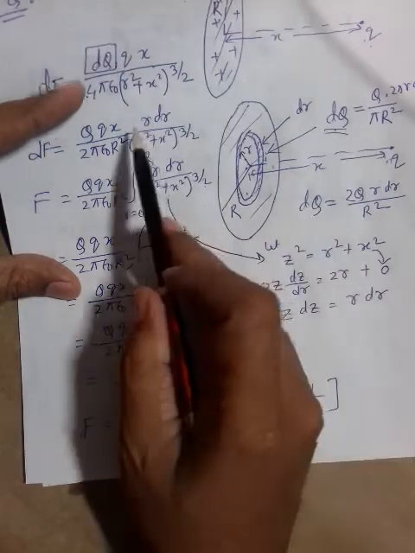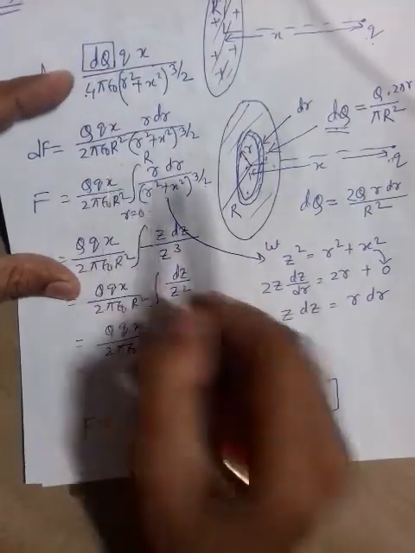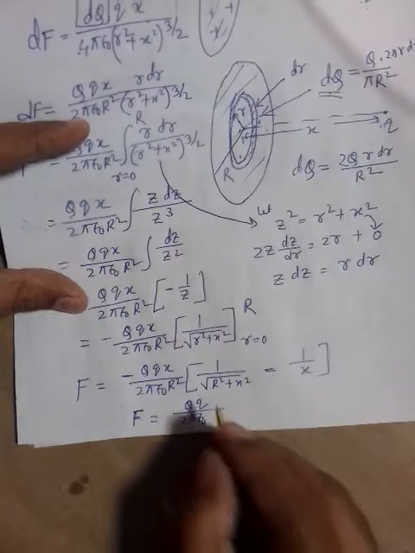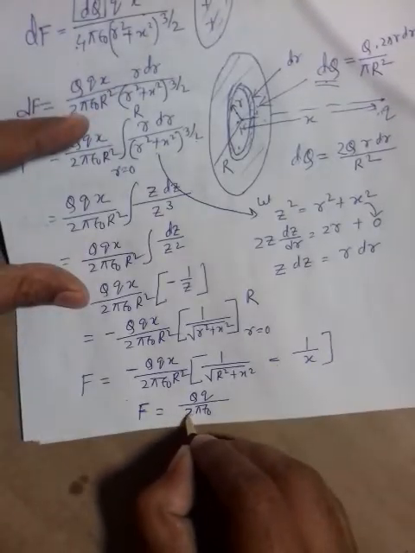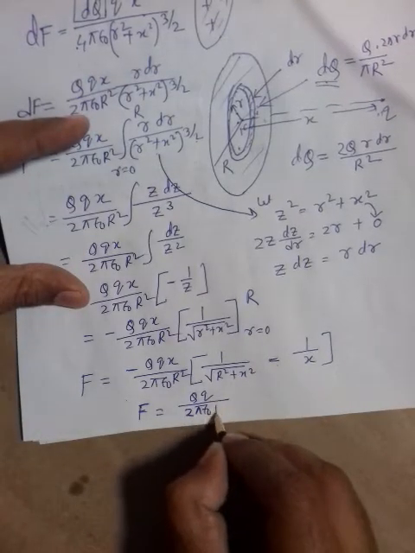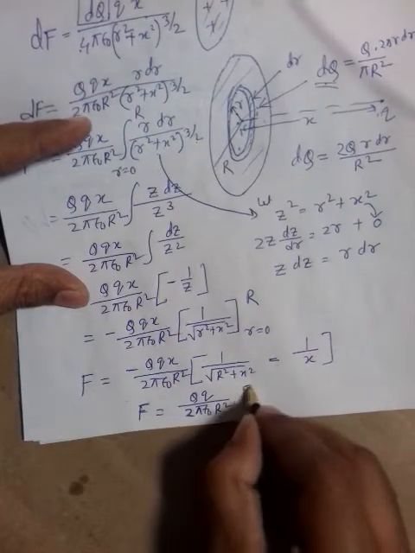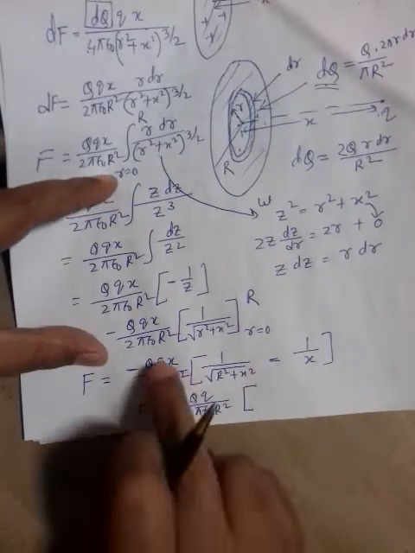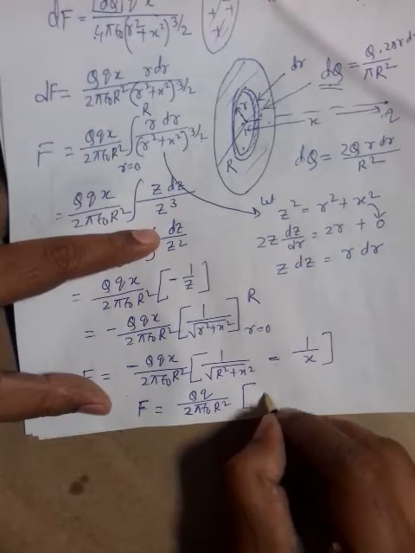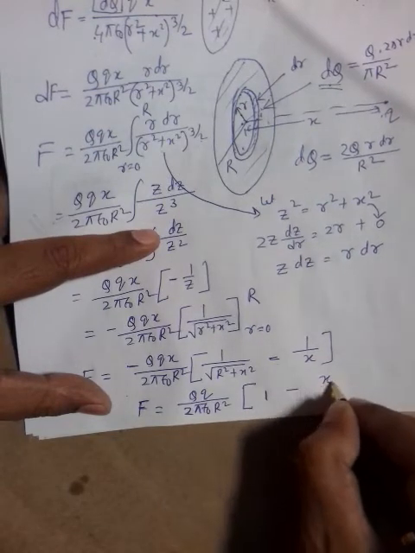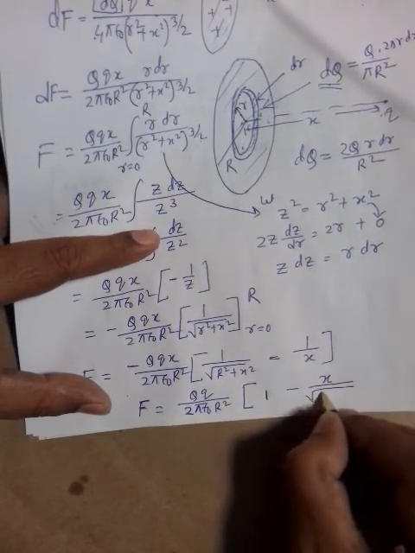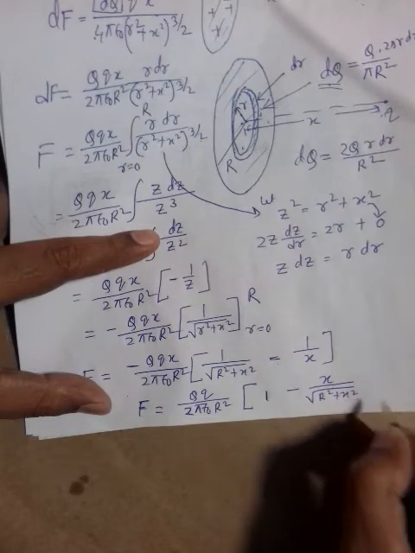Actually when you write dq here, this r square is left out. Sorry. So capital Q small q divided by twice pi epsilon naught r square. I am going to put the minus sign in, and I am going to put x also inside. It is 1 minus x by under root r square plus x square.